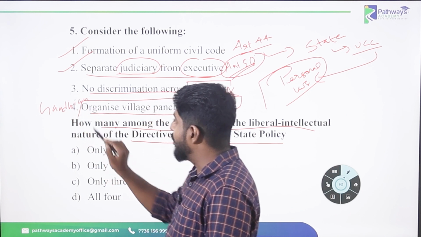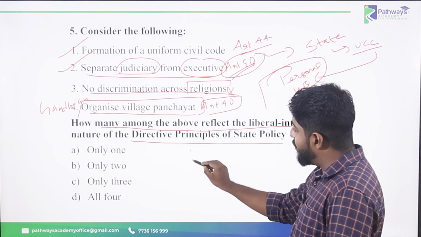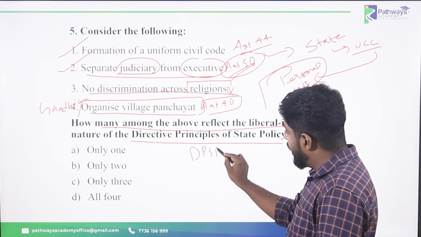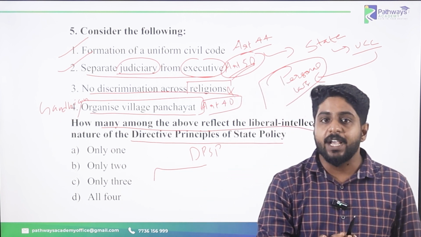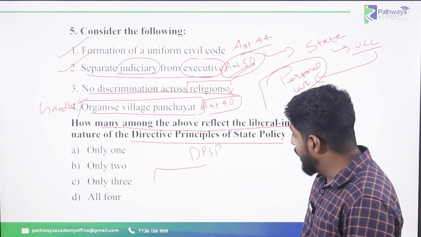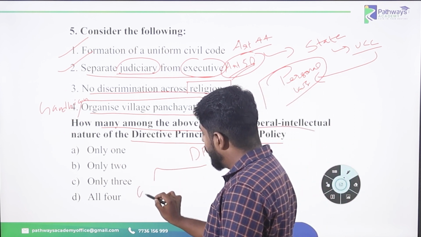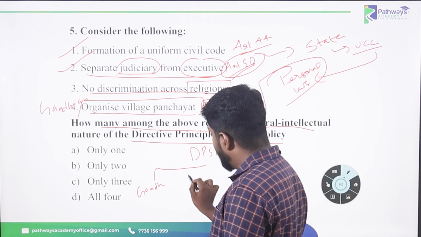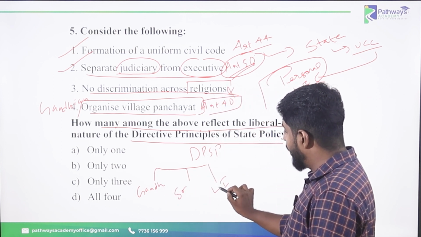This is a Gandhian principle. So the constitutional experts have categorized DPSP into 3. The constitution does not classify; this classification is not mentioned in the constitution. The constitutional experts have classified DPSPs into number 1, Gandhian principles, number 2, socialist principles, number 3, liberal intellectual principles.